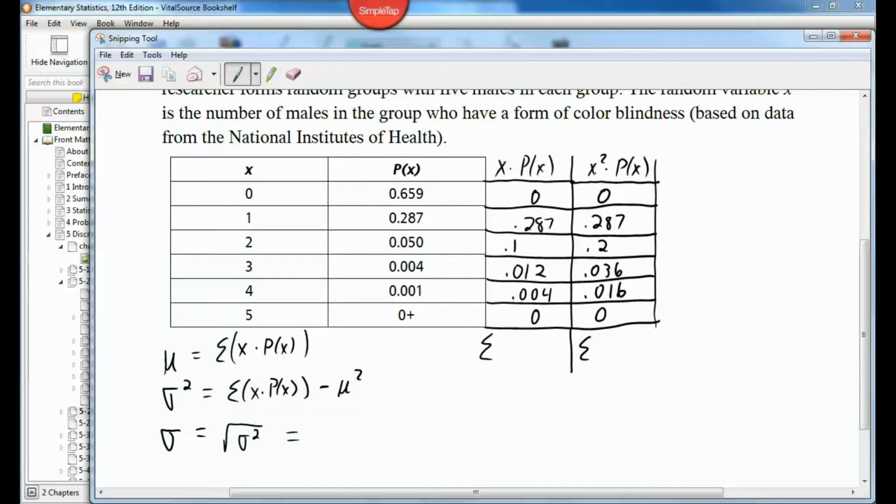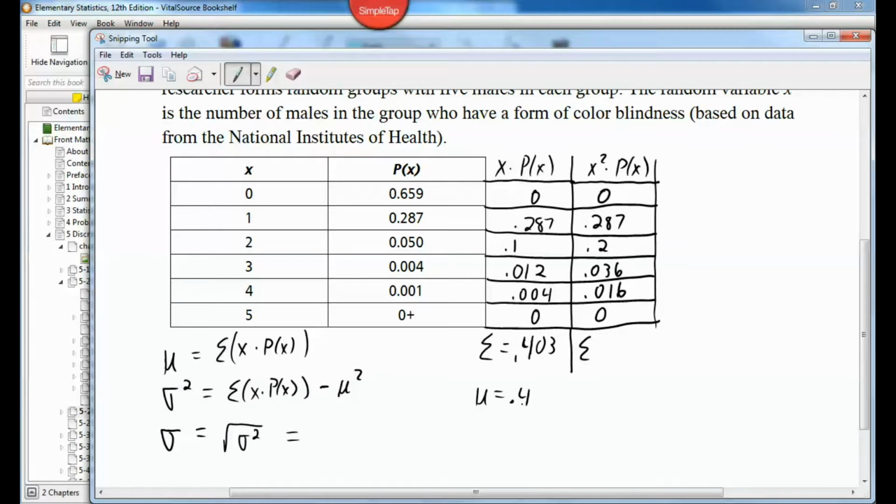Make a column that's x squared times p of x. Once you do that, sum up the x times p of x, and that will give you mu, or the mean. I get 0.403. So if I round that to 1 decimal place, that means my mean is 0.4.